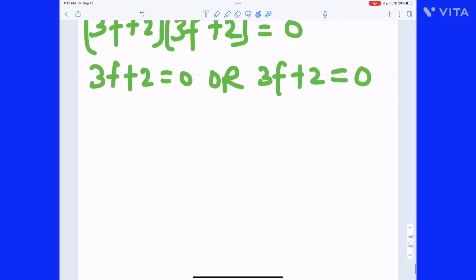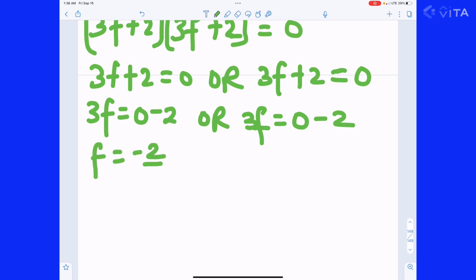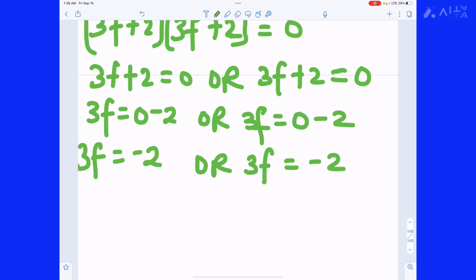So what does that give you? 3f is 0 minus 2, or 3f is 0 minus 2. So 3f is minus 2. Let's take it slowly.